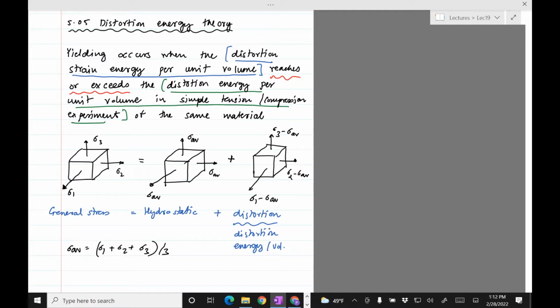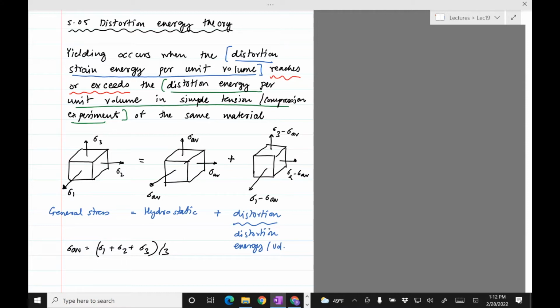So then they tried to compute the distortion part, and found that the distortion part actually contributes to failure. Again, this is an empirical observation. Based on that, you make a hypothesis that this might be what's going on. Once you have a hypothesis, you do an experiment to see if the predictions from the theory explain the experiment. If they do, then you say the theory holds true. And that's what is true here.